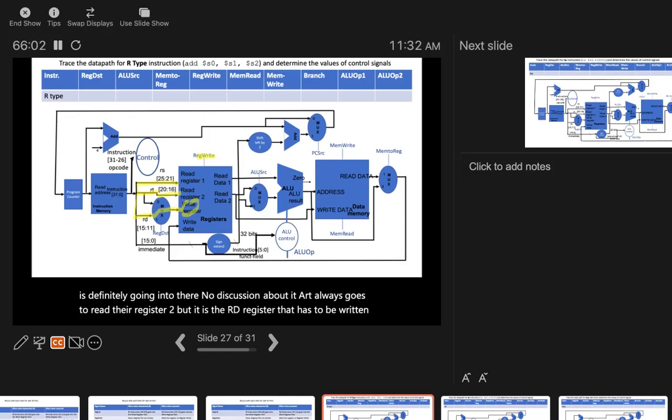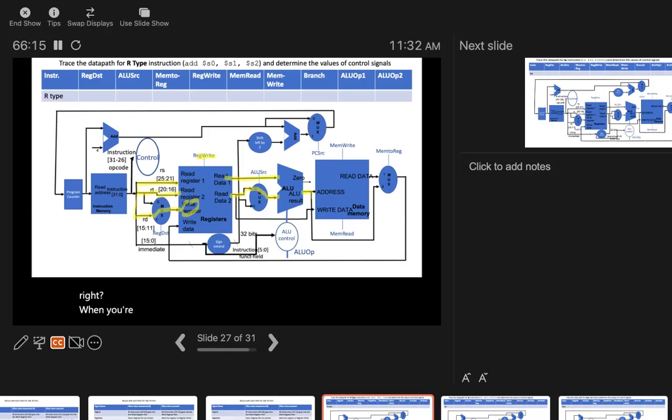When you're reading RS and RT, read data 1 will come out and read data 2 should come out, which should then go as the second input. Finally, the ALU will produce the result, and it goes like this right here, and then goes back.